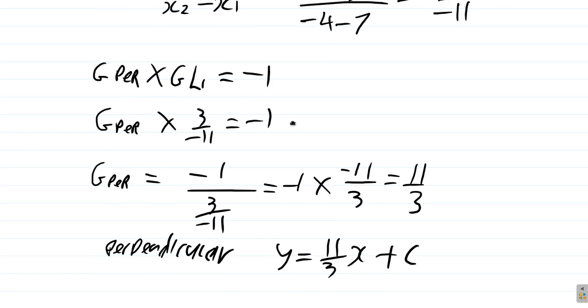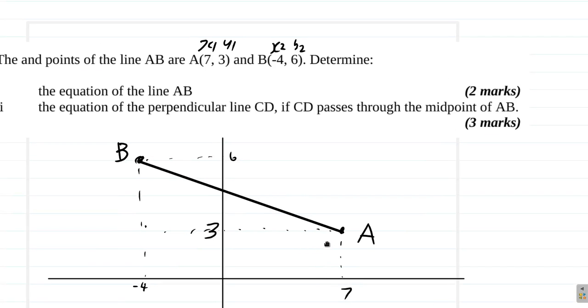Now remember, what they say here is that CD passes through the midpoint of AB. If you consider this as the line CD, so you have C, D, Y. It passes through this, the midpoint.